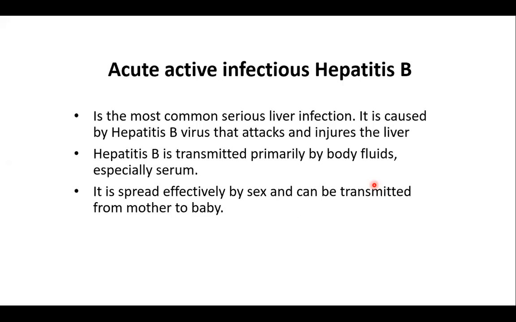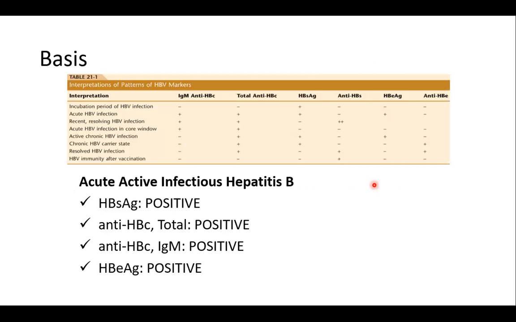Hepatitis B produces several protein antigens that can be detected in the serum, such as the core antigen, the surface antigen, and the e antigen related to the core antigen. Commercial assays are available for hepatitis B surface antigen and hepatitis e antigen. Next slide, please.